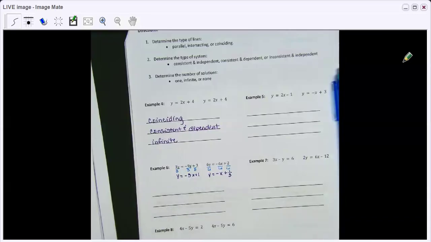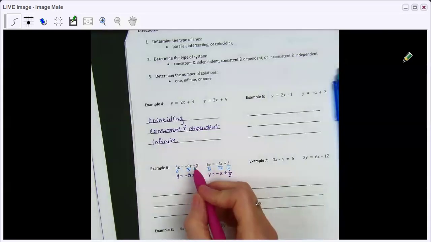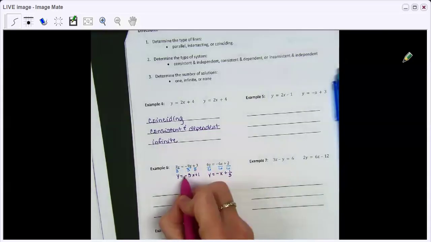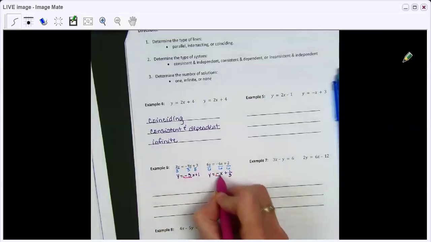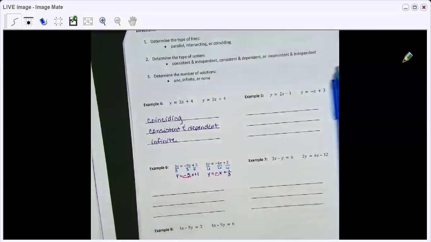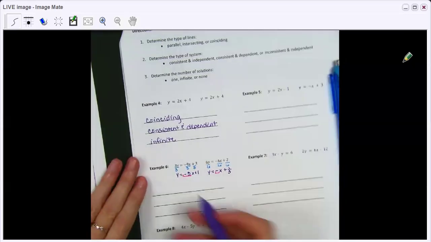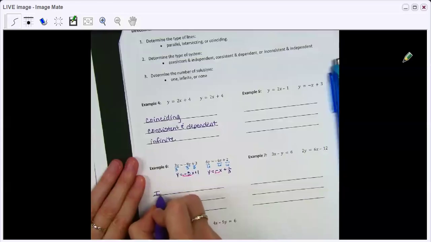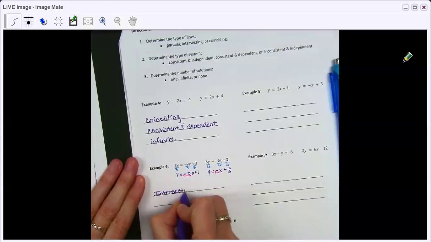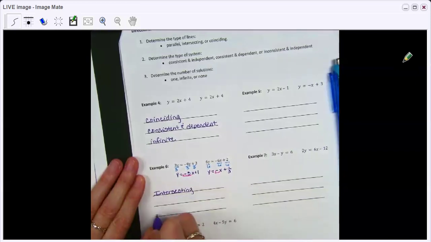Yeah. This slope right here is negative 3. This slope right here is negative 1. They have different slopes, which means that these lines will be intersecting lines. That also tells me that there will only be one solution.